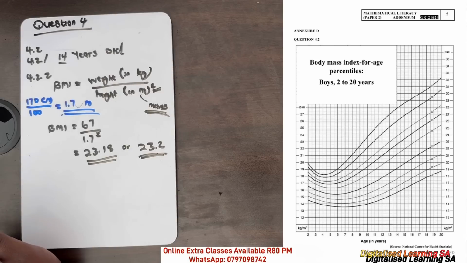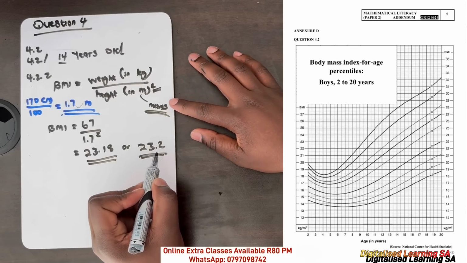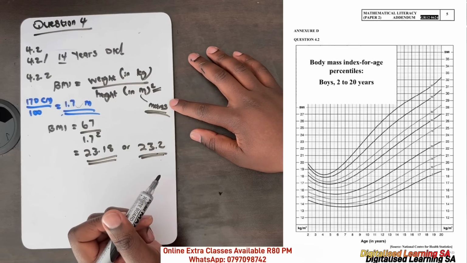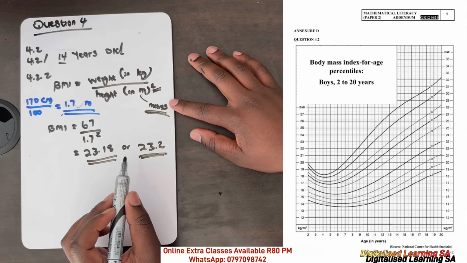Now remember that John is claiming that he is healthy, right? And the person that is healthy needs to be between the 5th and 85th percentile. So now we take this 23.2 to our graph and check where it falls.